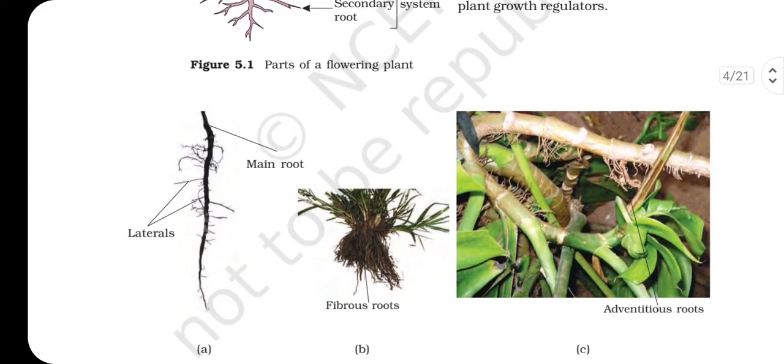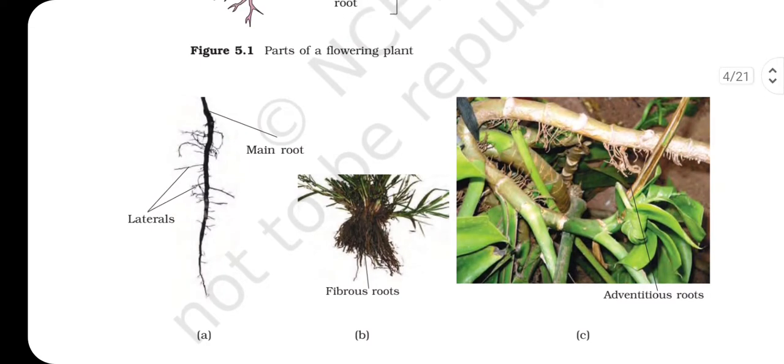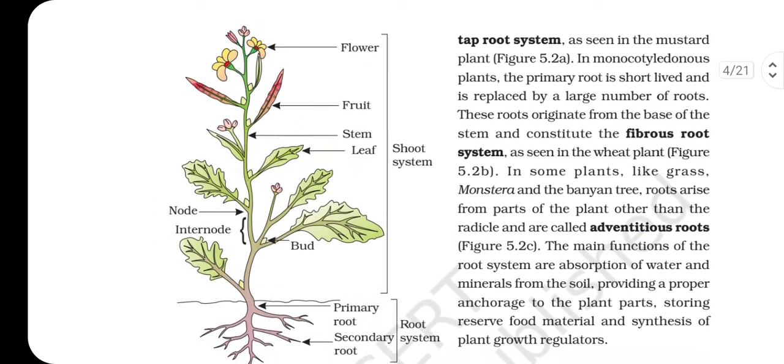Fibrous root, that means these are compactly arranged in a root, as seen in the wheat plant.